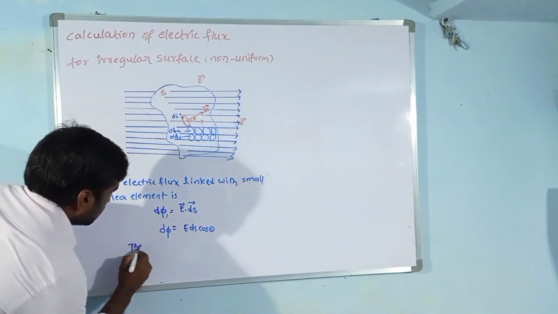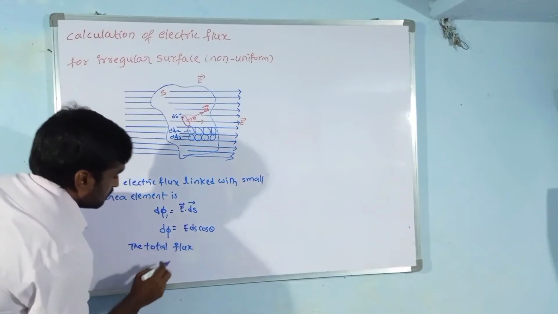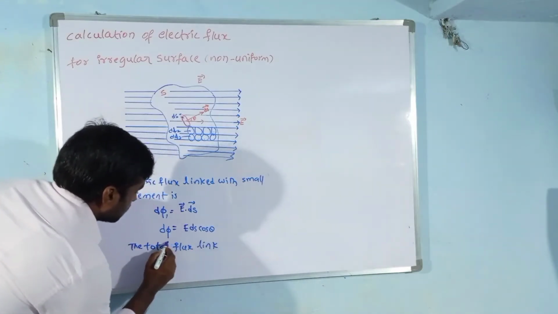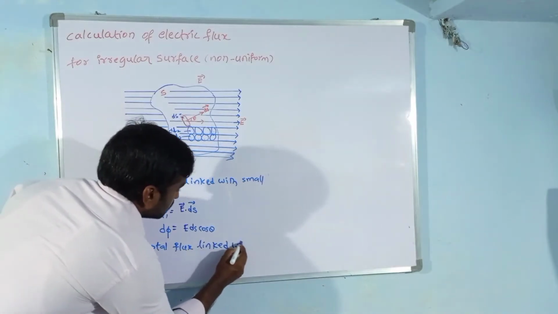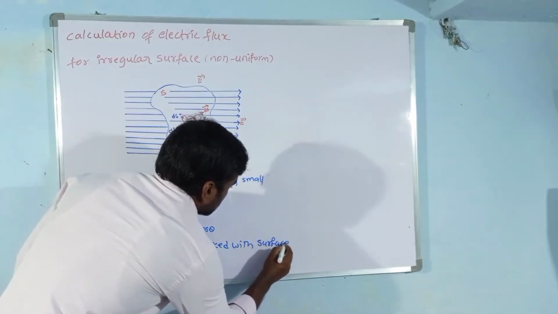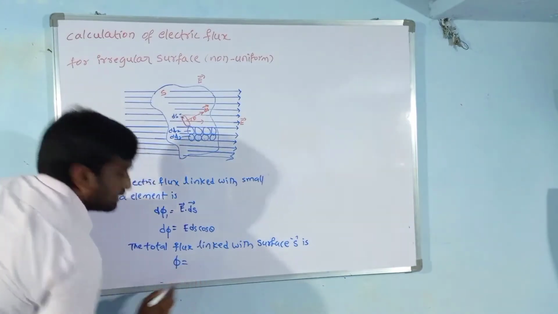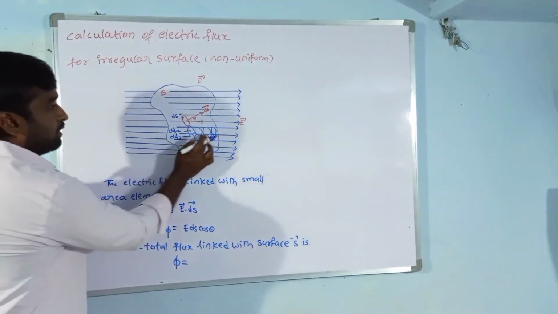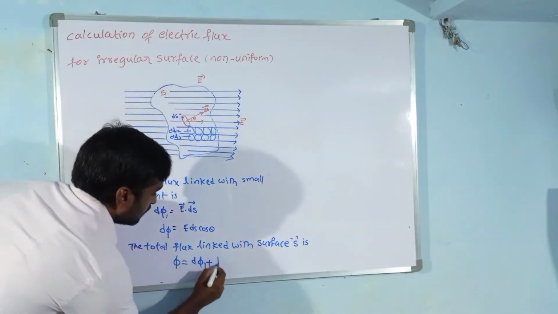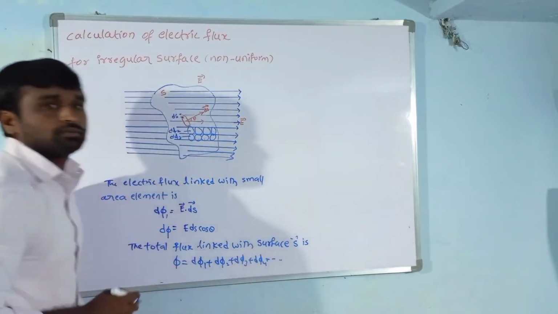The total electric flux linked with the surface is obtained by adding all the electric fluxes linked with the small area elements, d phi 1, d phi 2, d phi 3, d phi 4 and so on.